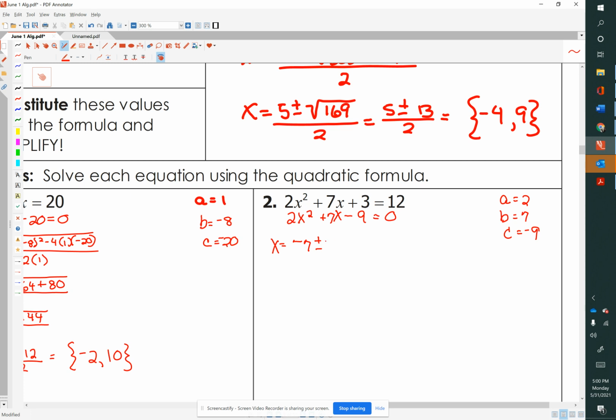Let's get that straight. Now the radical: it would be 7 squared minus 4 times 2 times -9, all of that over 2 times 2. Then we'll start simplifying.